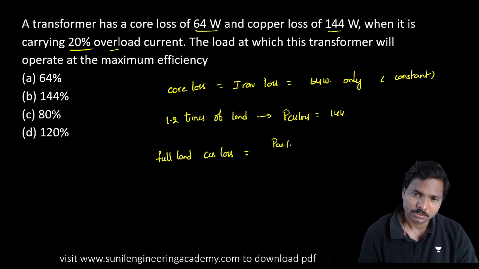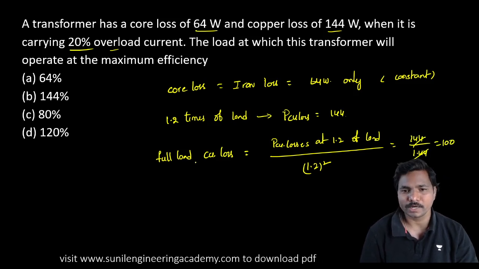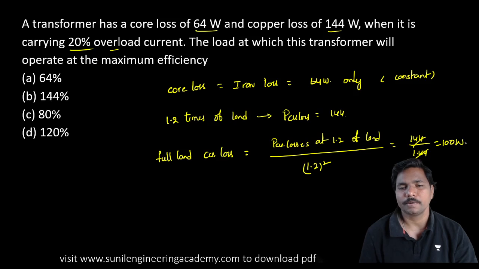So here also, to get full load copper losses, we divide the copper losses at 1.2 of load by 1.2 whole squared. So 144 by 1.44 is equal to 100. So at full load you are getting 100 watts as the copper loss.